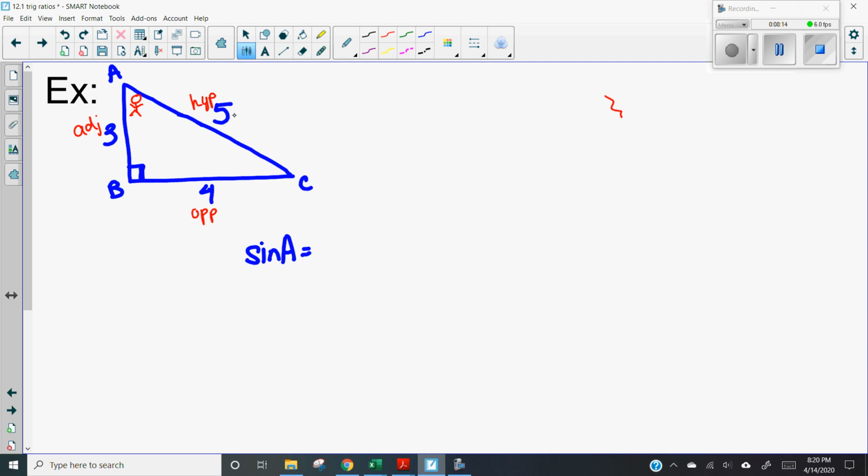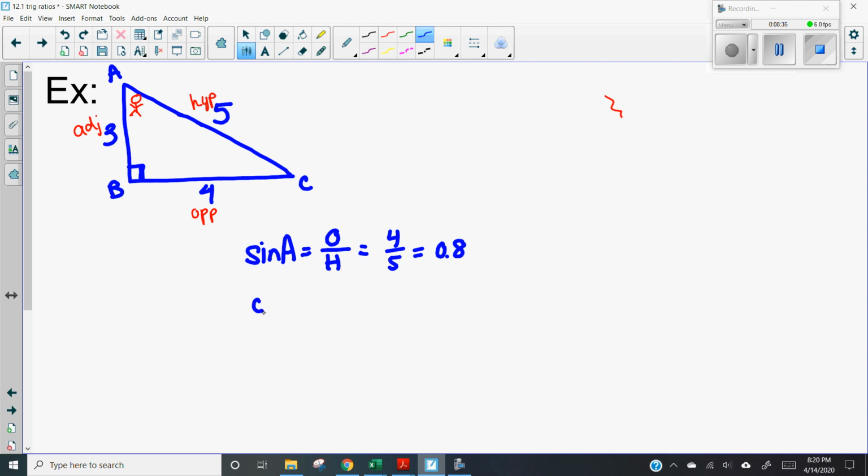So sine, by definition, is opposite over hypotenuse, or let's just look at how we've labeled this now, 4 over 5. If you were working with this in your calculator, you'd be getting decimals, so 0.8. It's just the ratio of those two sides.